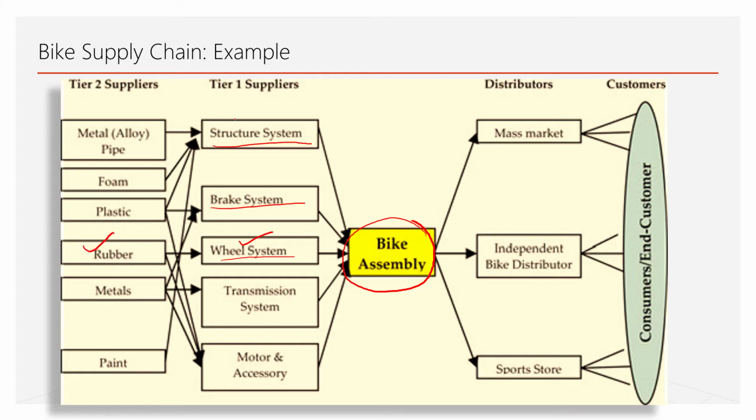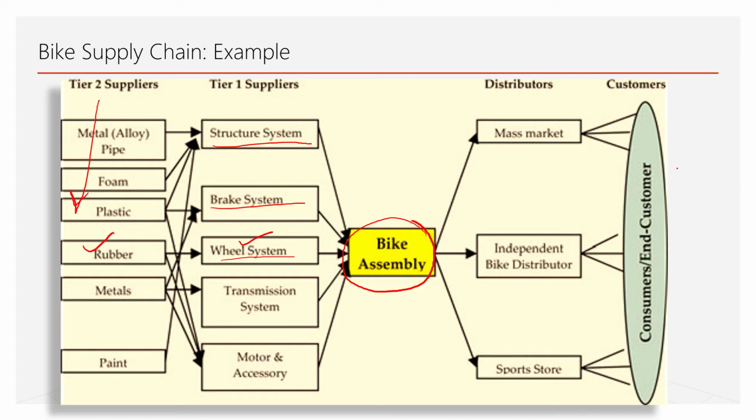So this is the first tier of suppliers, and for the bicycle, this is the second tier of suppliers. And once the bike is assembled by the manufacturer, it goes to the distributor or the wholesaler or the dealers, and they distribute it to the final customer, or you can say provide the product to the final customer. So I hope you got the idea regarding how we can define a supply chain.